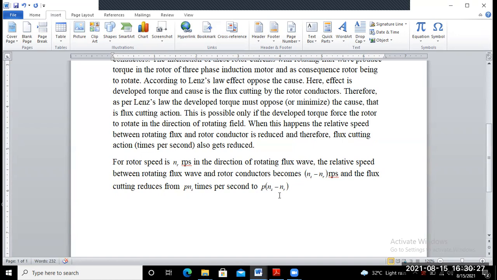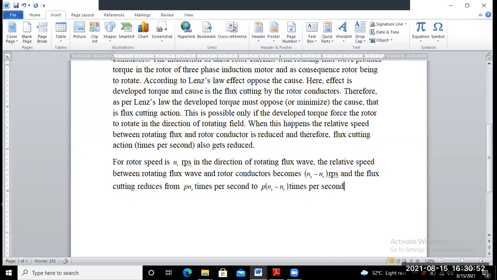Is it not? So P into (ns minus nr) times per second.